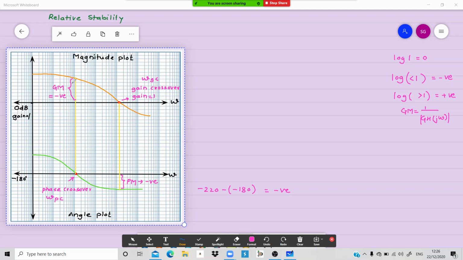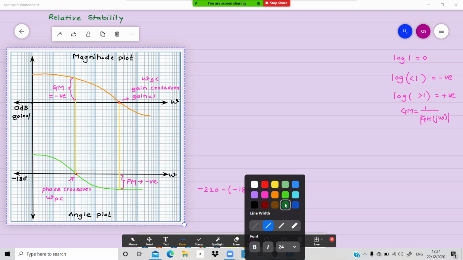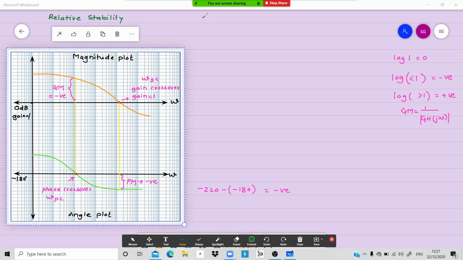Okay, now I'll summarize what I have told you. Number 1, I'm talking about PM. What is the formula for PM? Angle phi, whatever angle you are getting, minus 180 degrees.